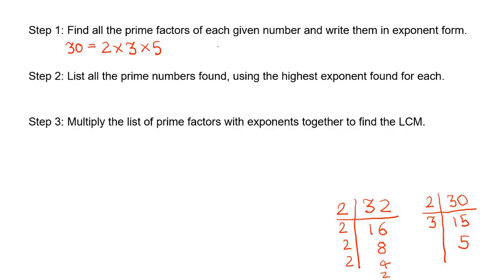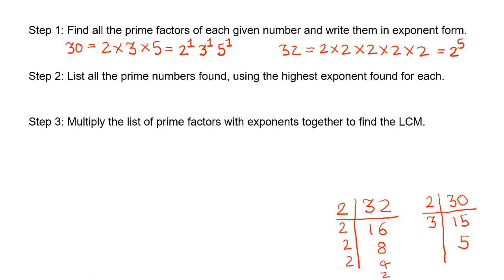So we can write 32 as 2 into 2 into 2 into 2 into 2. So we have found all the prime factors of each given number. Then we write them in exponent form. The exponent form of 30 is 2 raised to 1, 3 raised to 1 into 5 raised to 1. And the exponent form of 32 is 2 raised to 5.